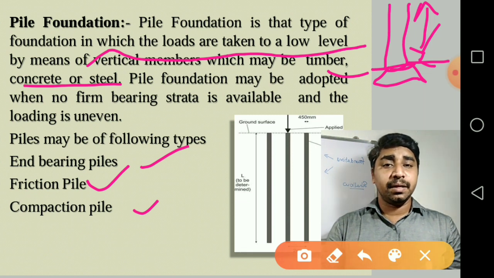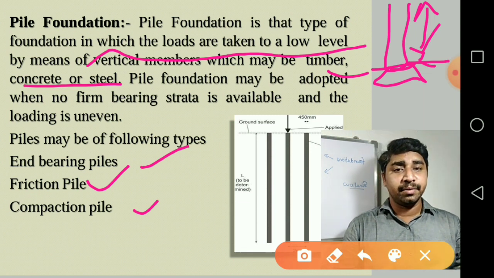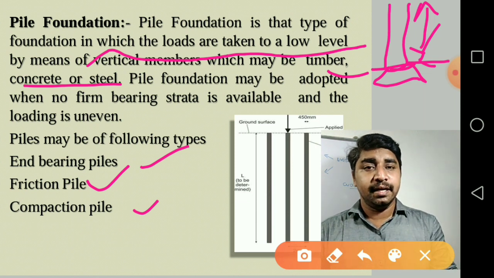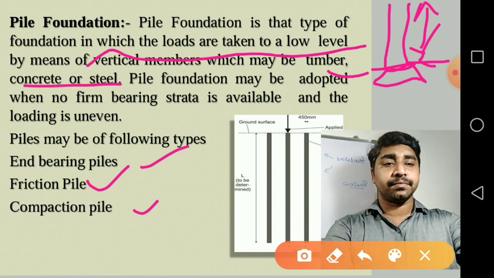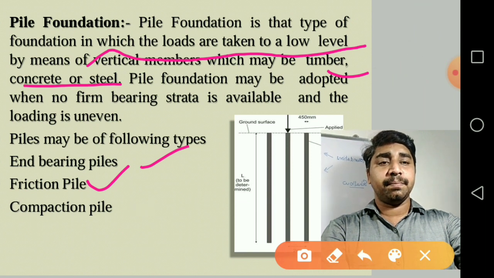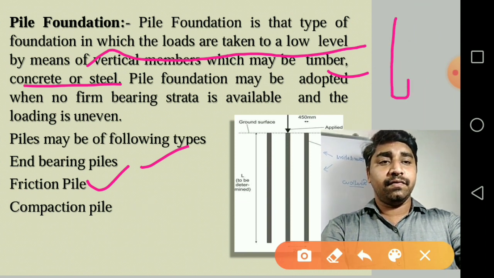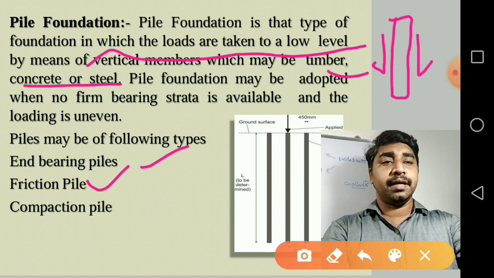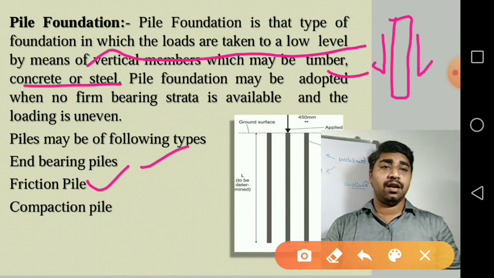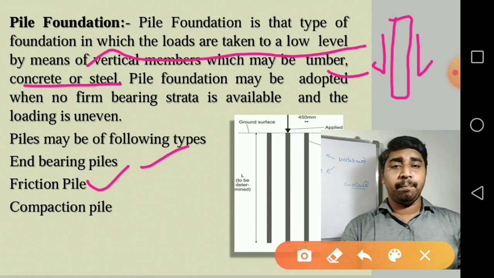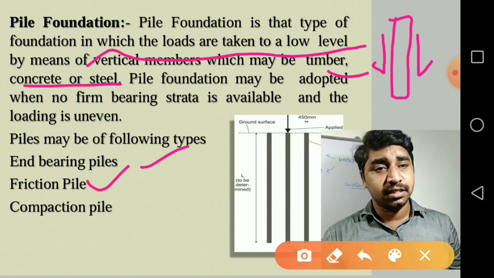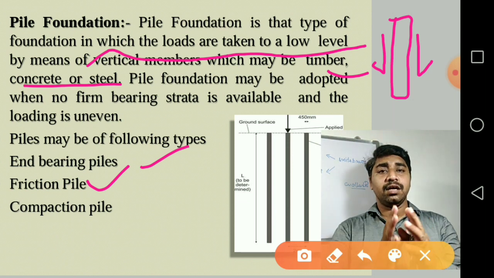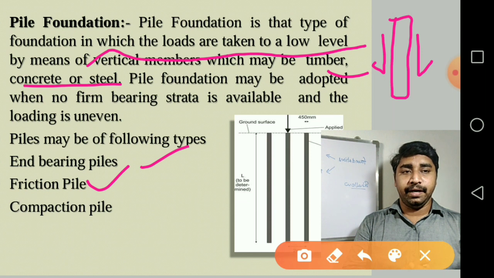That is what we call end bearing piles, or tip resistance. If the tip resistance is more and the load is going to be distributed by the tip only, then it is called an end bearing pile. Next one, friction piles. What are friction piles? If the load distribution takes place by the frictional resistance along the surface of the pile, because of which the load is transferred to the surrounding soil, then it is called a friction pile.